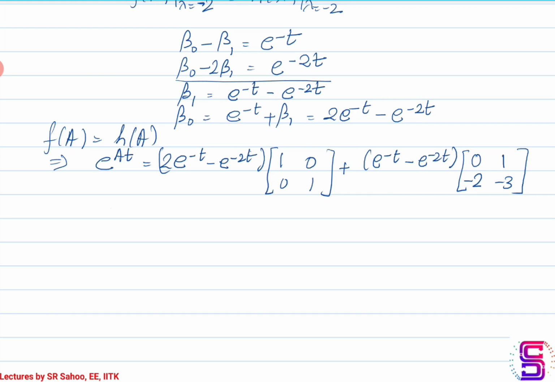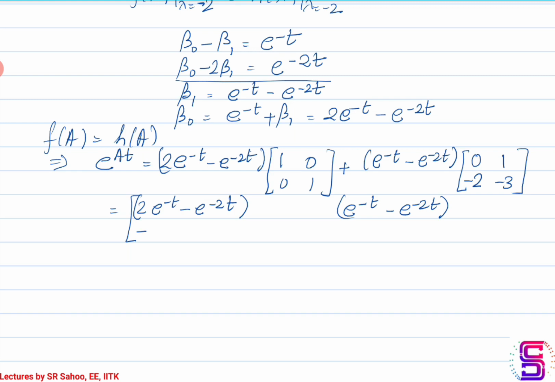If I solve this further, e power At is nothing but 2 e power minus t minus e power minus 2t. This is one factor. Then I have e power minus t minus e power minus 2t. This is the second entry in the matrix.